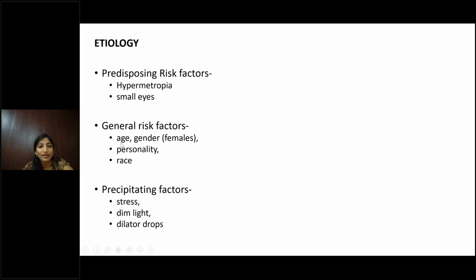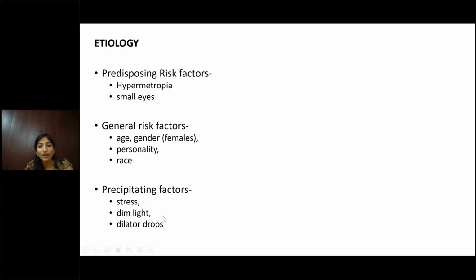The general risk factors would be age. With increase in age, the lens becomes thicker because of sclerosis and can lead to shallowing. Common in females, type A personalities with severe anxiety disorders. It is more common in Asians as compared to others. Precipitating factors are dim light or dilating drops.